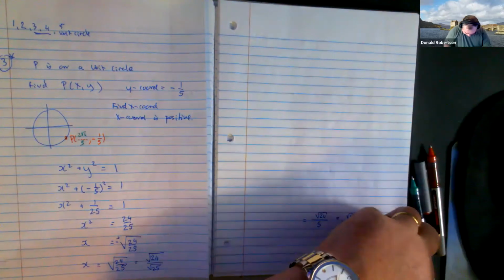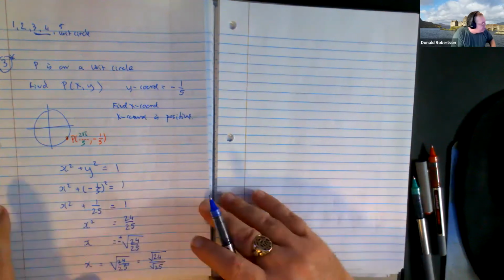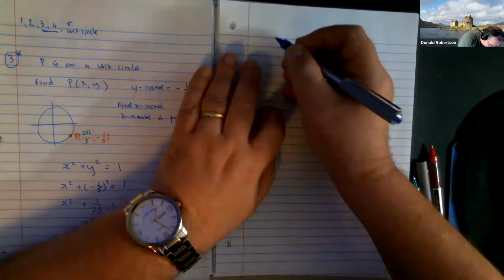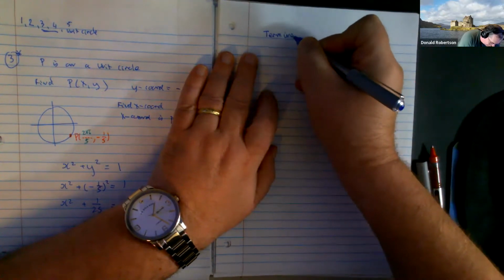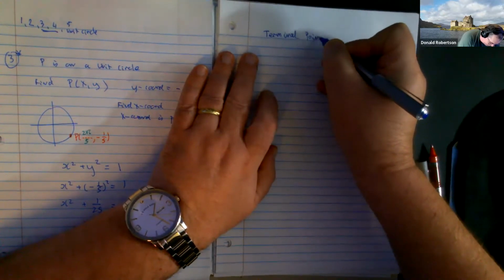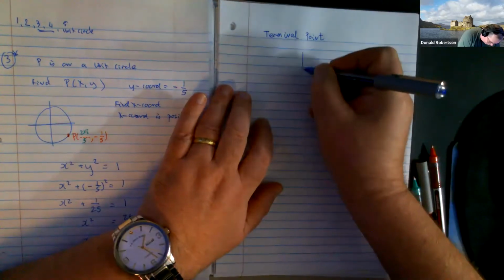I'm going to introduce a guy that we haven't been told, or at least the term hasn't been used, and it's called a terminal point. So we're still on a unit circle.